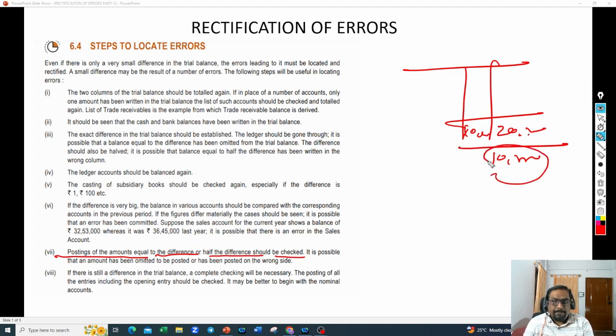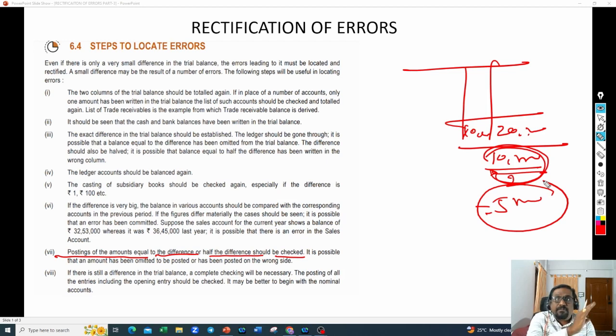While checking, first you need to check whether there is any transaction worth 10,000 that was missed out. If you can't find 10,000, the total value of the difference, you divide it by 2, which is 5,000. By any chance, is there a 5,000 worth of transaction missed out? So that also you need to check.